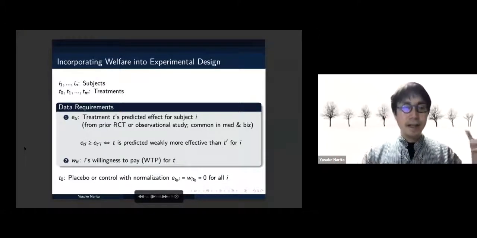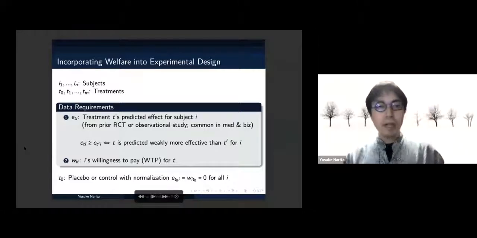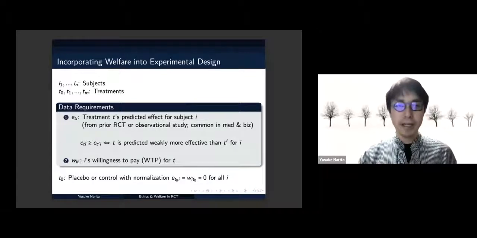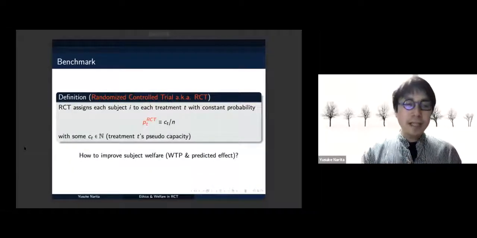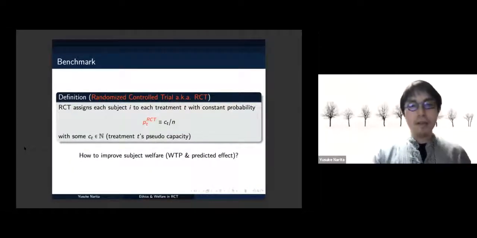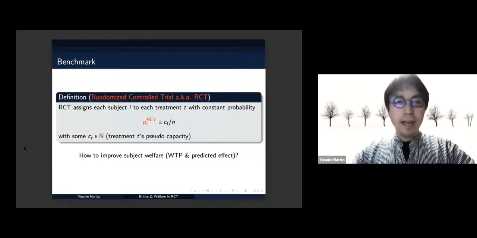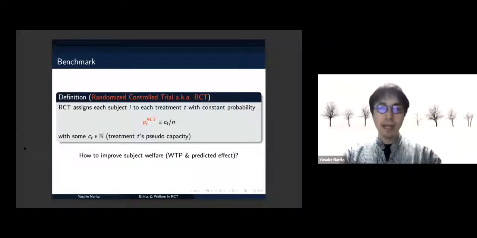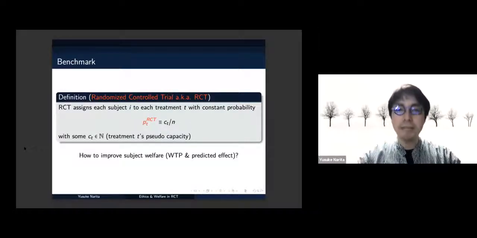Good. Then, given this, different experimental designs produce different treatment assignment probabilities. The benchmark experimental design is the usual RCT, which assigns each subject to each treatment with some constant assignment probability denoted by this P^RCT.